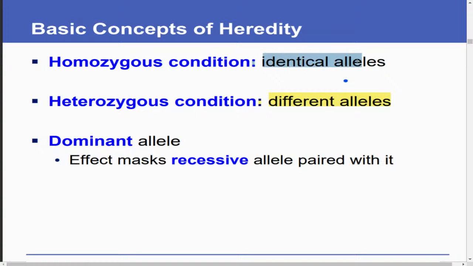Homozygous, then the heterozygous. The dominant allele is the one whose effect masks the recessive allele it is paired with.